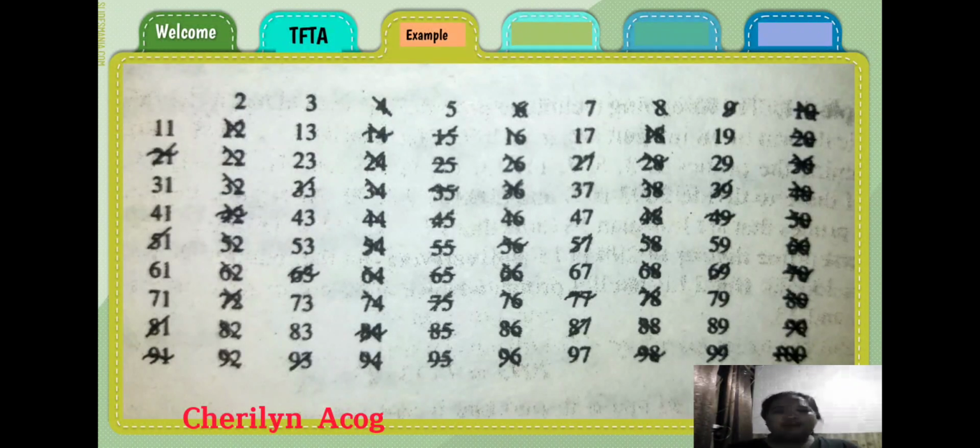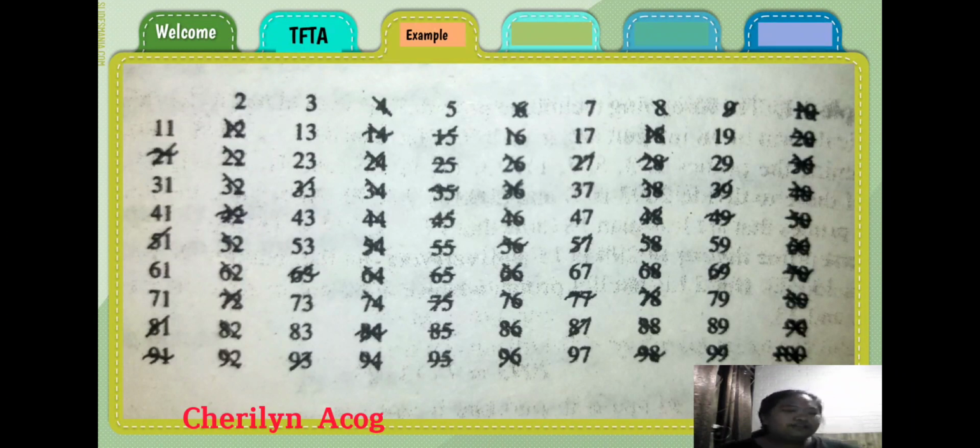So the final numbers that remain are 2, 3, 5, 7, 11, 13, 17, 19, 23, 29, 31, also we have 37, 41, 43, 47, 53, 59, 61, 67, 71, 73, 79, 83, 89, and lastly 97.